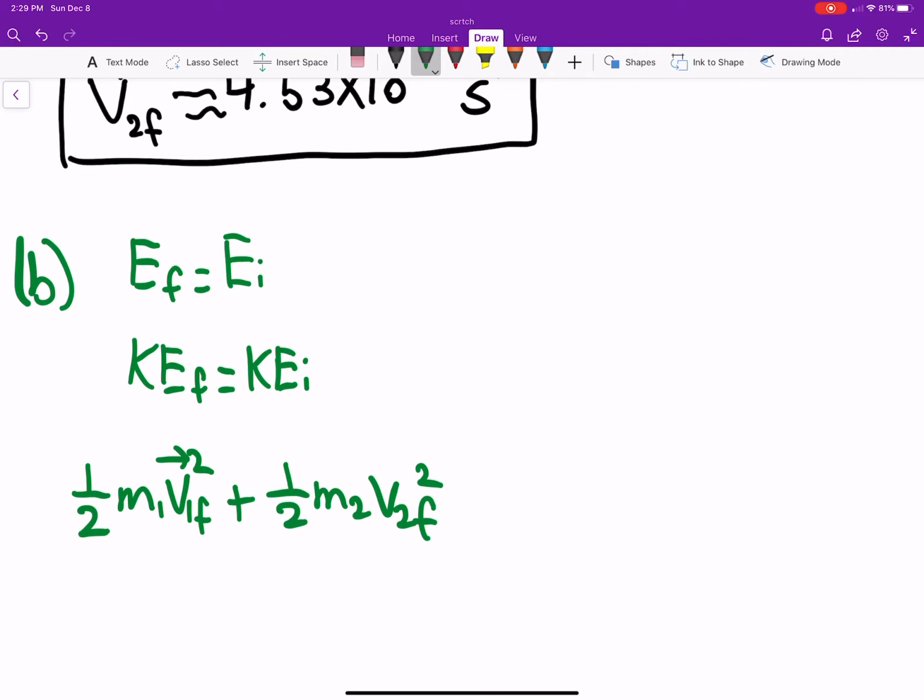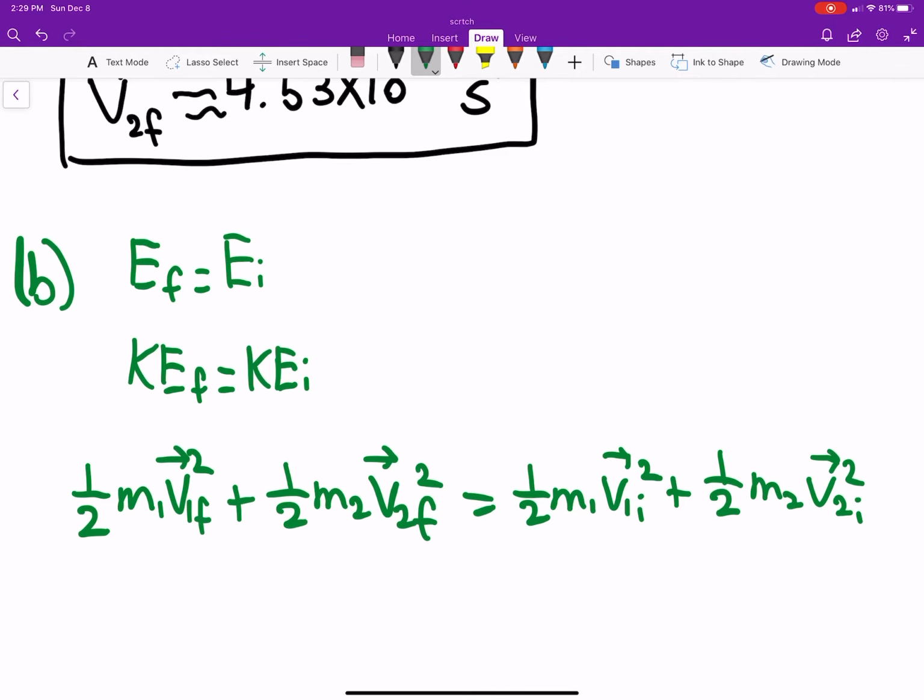These are still vectors. Okay, so that takes care of our final part, plus 1/2 m1 v1 initial squared, plus 1/2 m2 v2 initial squared.